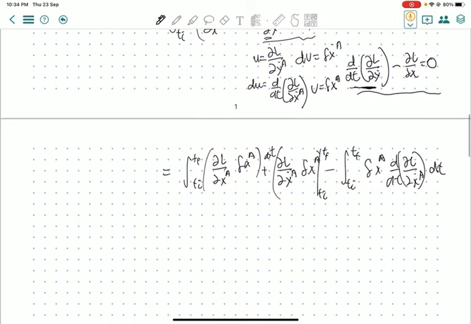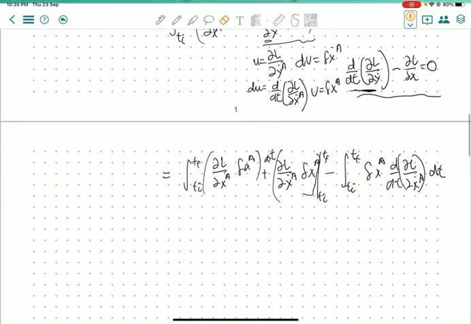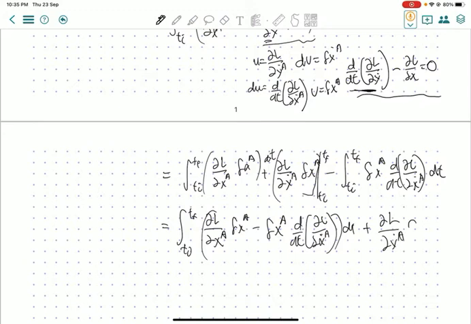Now these parts are separate, and this integral is the same. So we can bring it back. So that's TF, TI, partial L, partial XA, delta XA, minus delta XA, d on dt, partial L, partial X dot A, dt. And then outside the integral you have partial L, partial X dot A, delta X, evaluated on Tf and Ti.